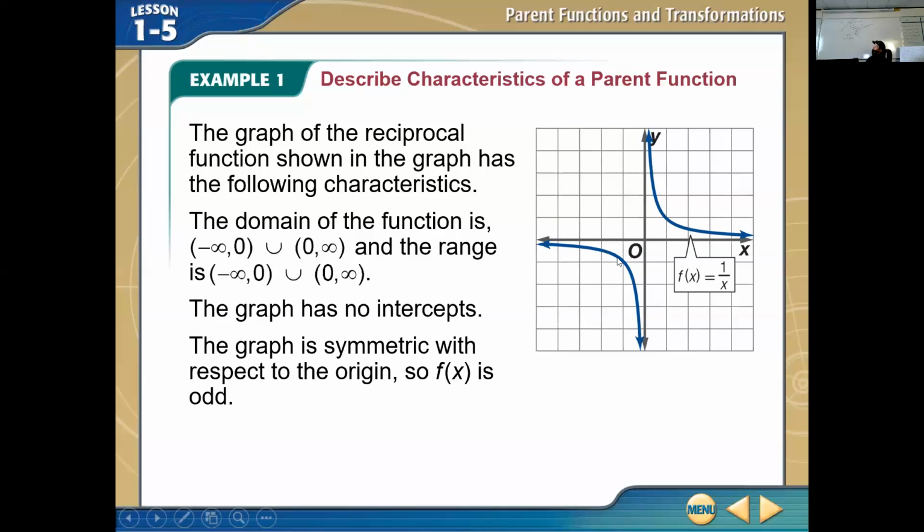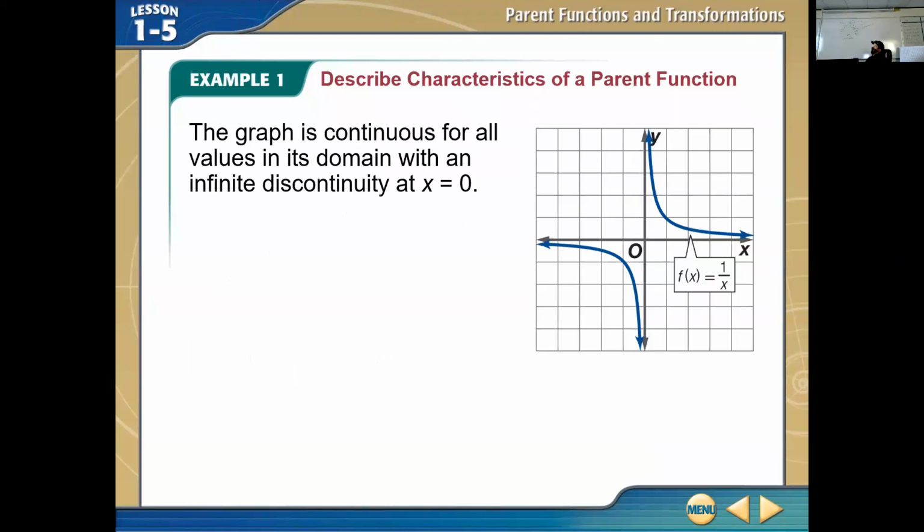And the answer to that is yes, because we would go from (1, 1) to (-1, -1). The graph is continuous for all values in its domain with an infinite discontinuity at x equals 0. That's because the limit as we approach 0 from both sides gets farther and farther apart.